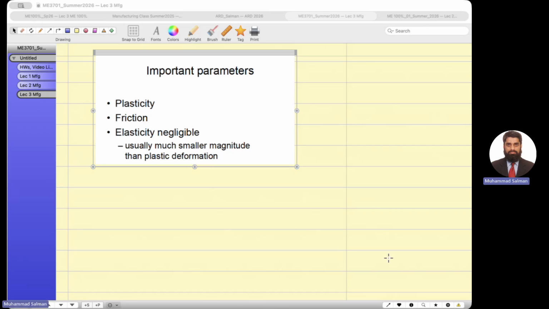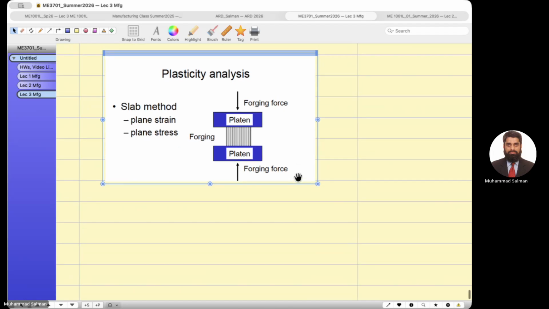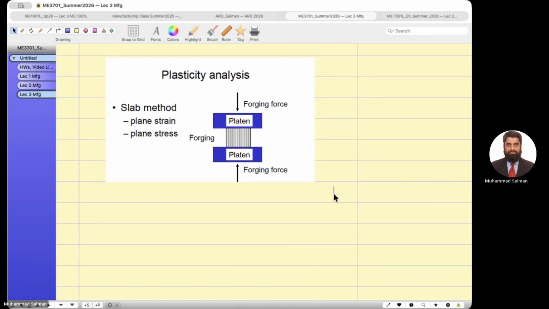So plasticity analysis. The platens come into contact with the forging. This is my forging material. We want to reduce the height from here to a new height. The forging forces. We call this plane strain, plane stresses.